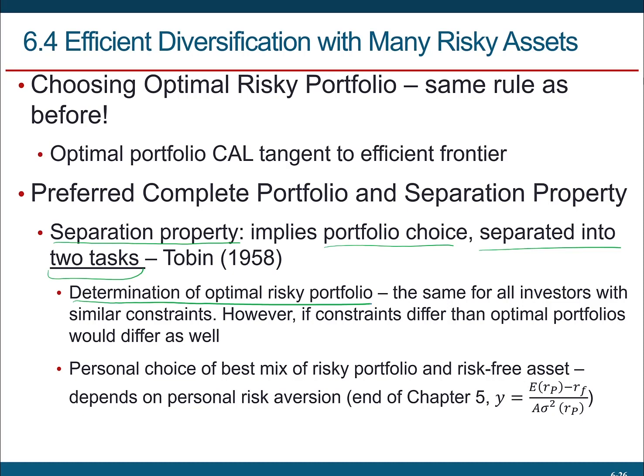Basically, we just optimize portfolios, find the best combination of assets that fits a particular objective, the best combination of risky assets. Then the personal choice is what the financial advisors, FAs, do.